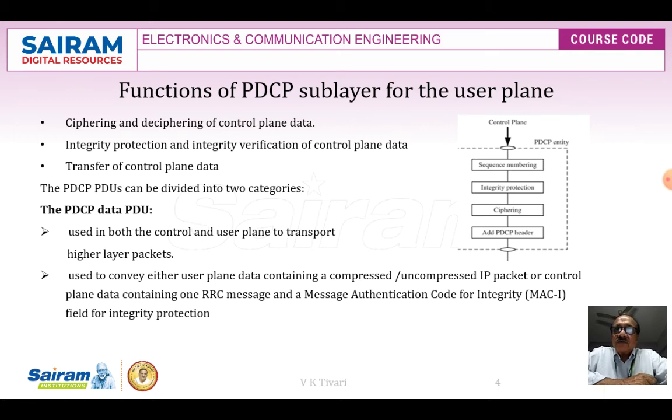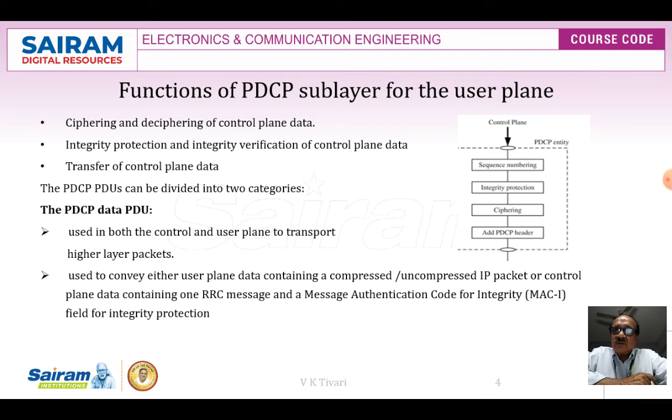Functions continuation. Ciphering and deciphering of control plane data, integrity protection and integrity verification of the control plane data, transfer of control plane data. It can also be divided into two categories of PDU, the transfer of PDCP data PDU.